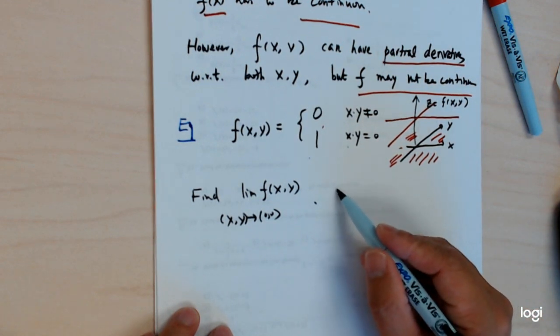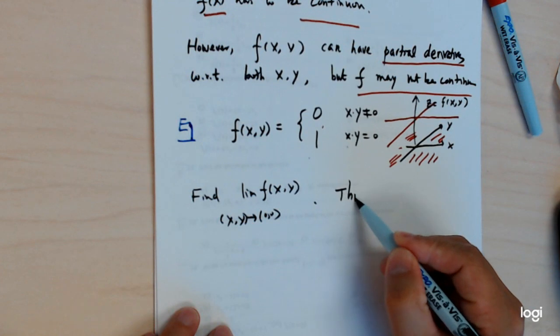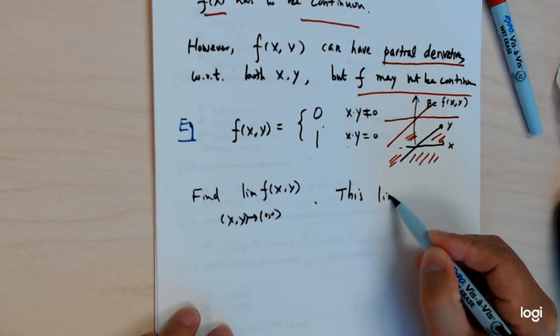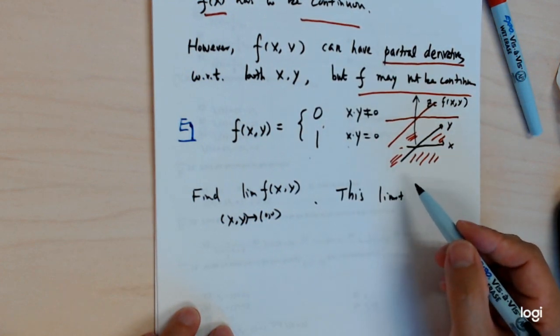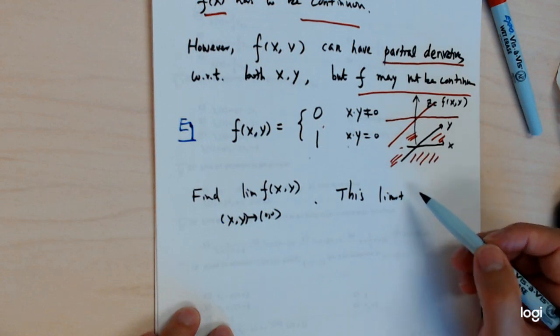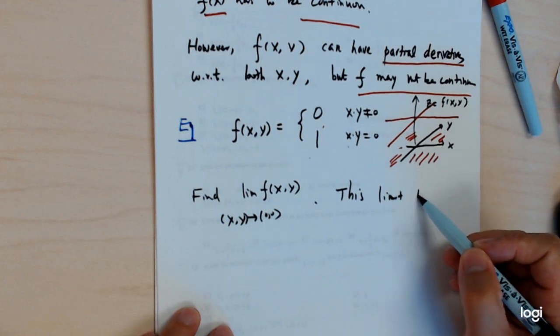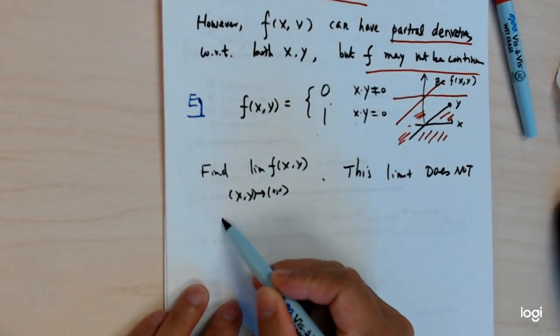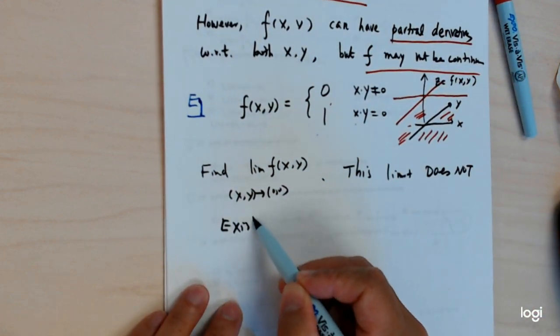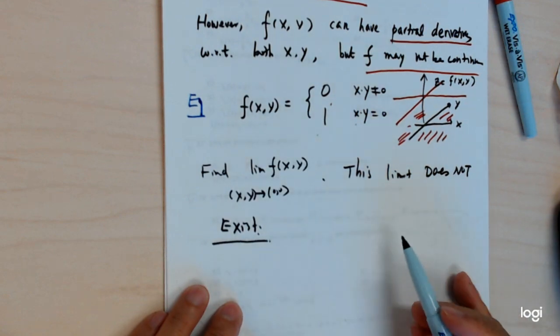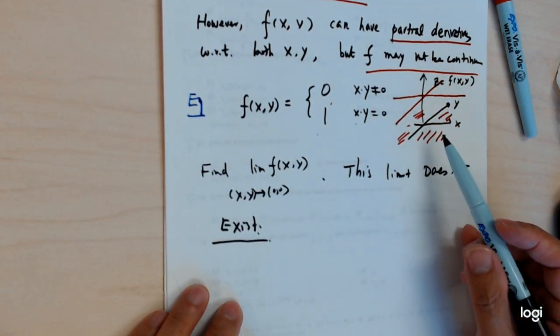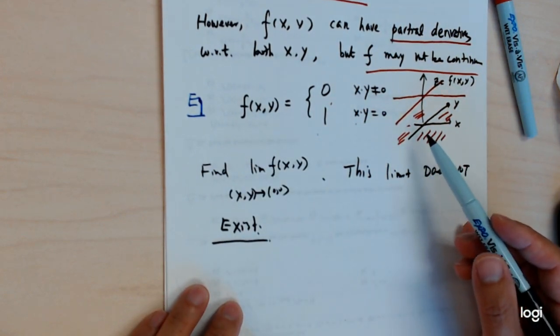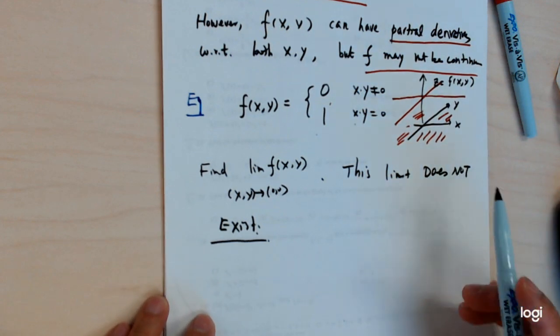Similar to what we talked about before, you will find out that this limit does not exist by, once again, picking different paths. That's something you need to think about: why this limit does not exist. Like I said, try different paths and see what happens, folks.